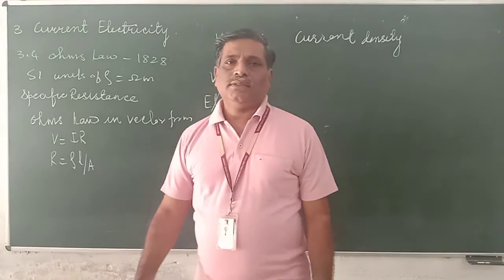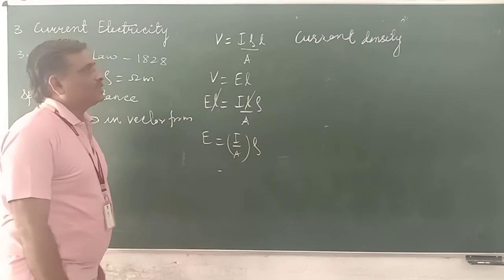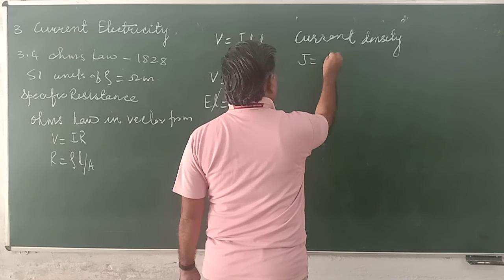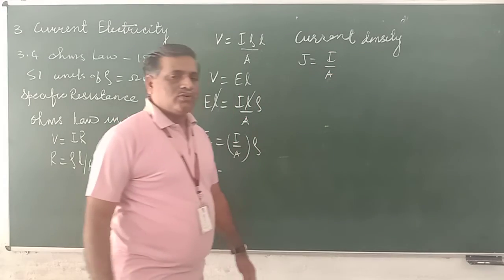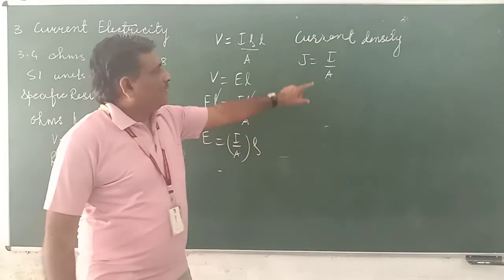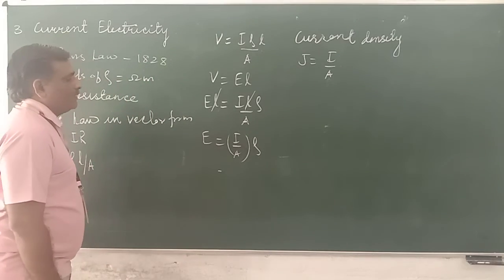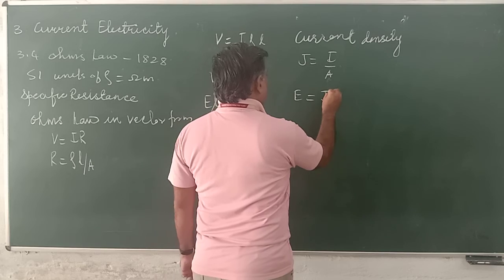The current per unit area normal to the direction of current is called current density. So we get E is equal to J rho.